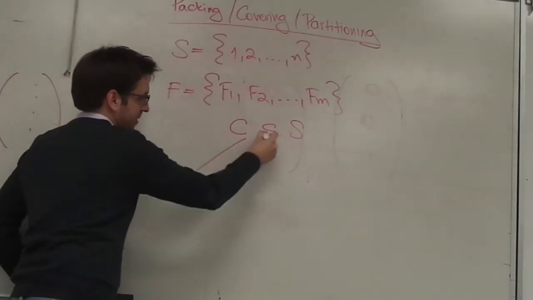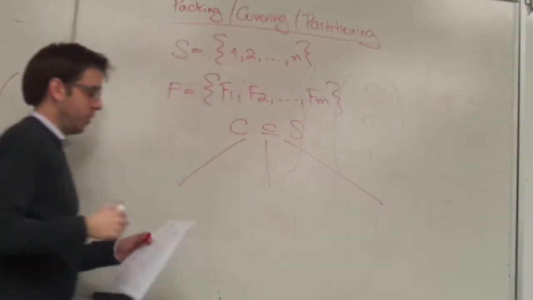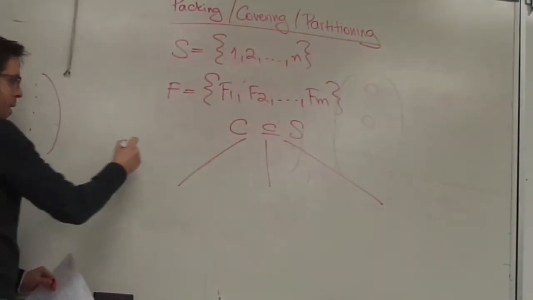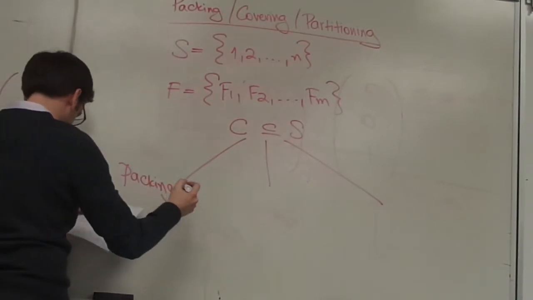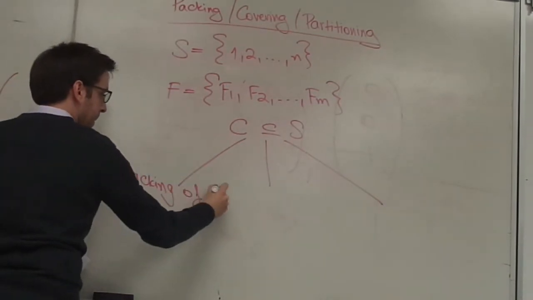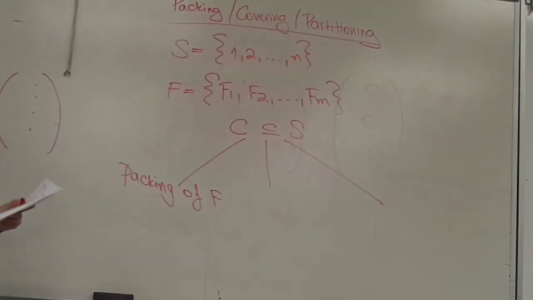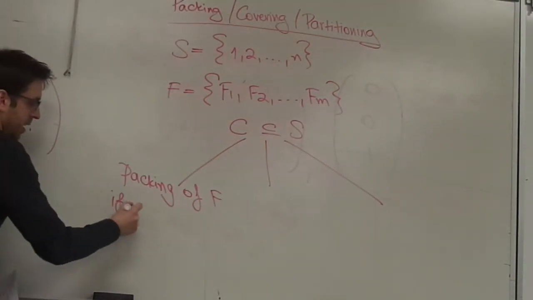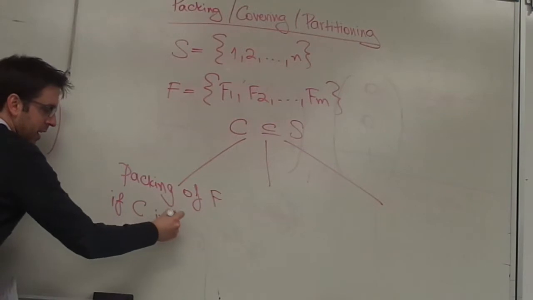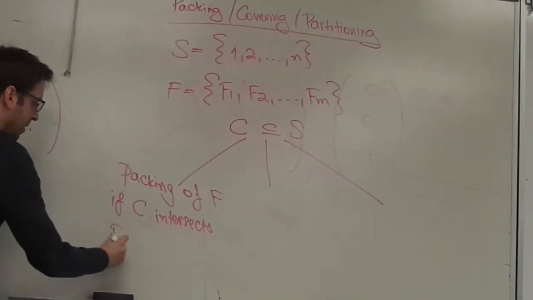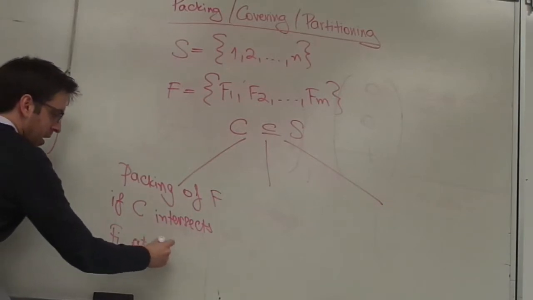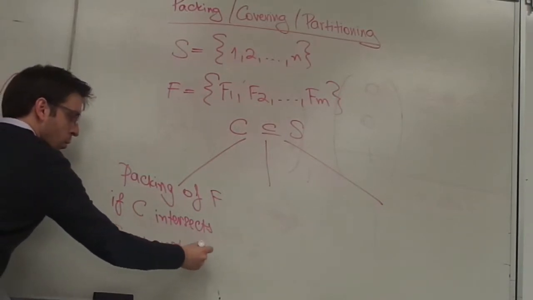Such that, and here is where I'm going to break it down into two or three cases, a packing of F is a set C that intersects each Fi at most once.